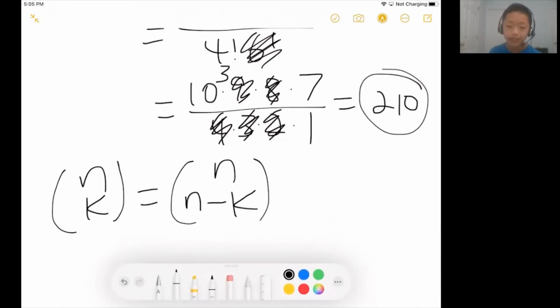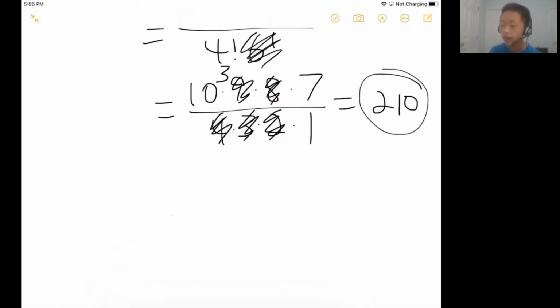The reason is that if you had n objects and you want to choose k of them, that's equivalent to choosing n minus k objects not to take. Like if I had 10 candy bars and I want to select 3 of them, that's equivalent to not selecting 7 of them, which is why n choose k equals n choose n minus k.